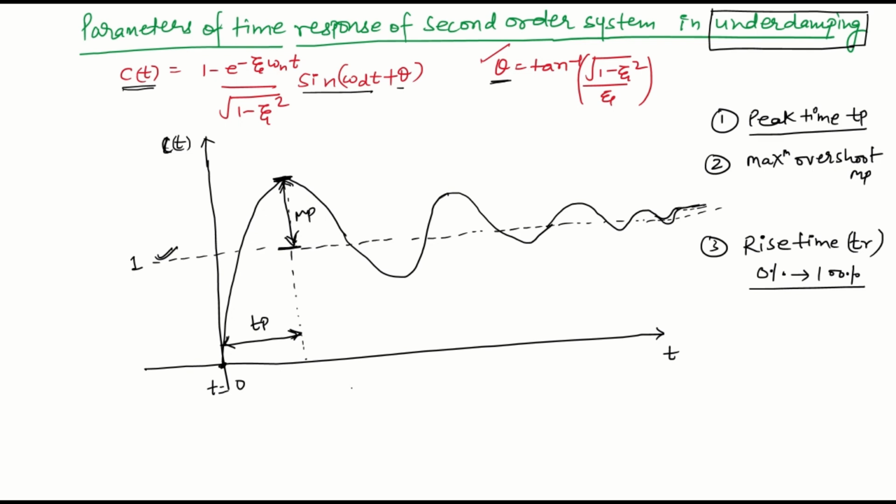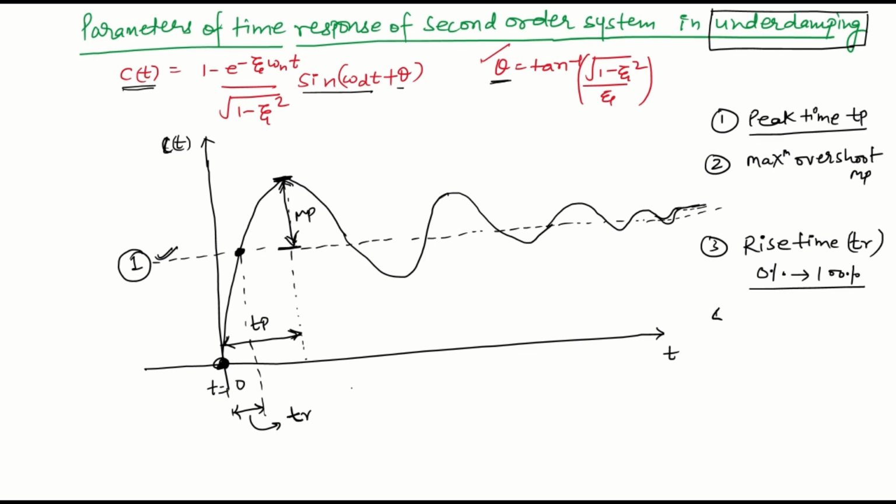For the underdamping case, rise time is the time required for the system to go from 0% to 100% of the steady state value. So the response is 0 here, and 100% here. Now the steady state value is 1. So the time required from this to this, from 0 to 100%, is the Tr, the rise time.